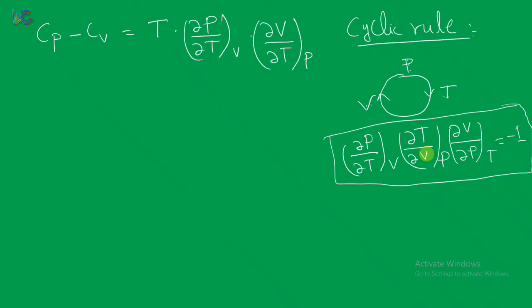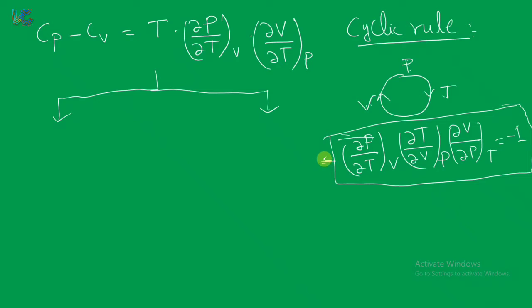Now we will apply this cyclic rule in this equation. We'll look into two cases. In one case, we will use this value, del P del T at constant V, and replace it here.